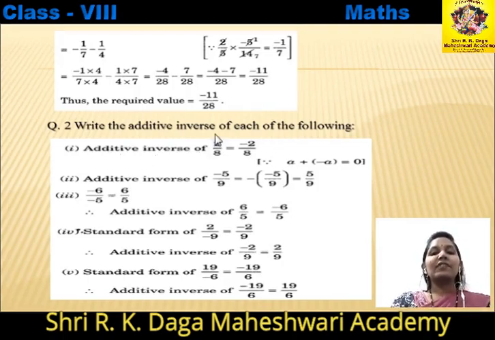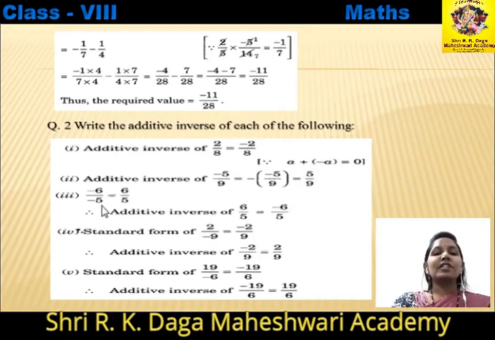So additive inverse of 2 by 8 is minus 2 by 8, because when we add these two terms we get 0. Now additive inverse of minus 5 by 9 is 5 by 9, because when we add minus 5 by 9 and 5 by 9, these two terms will cancel and we get answer as 0. So the additive inverse of minus 5 by 9 is 5 by 9.